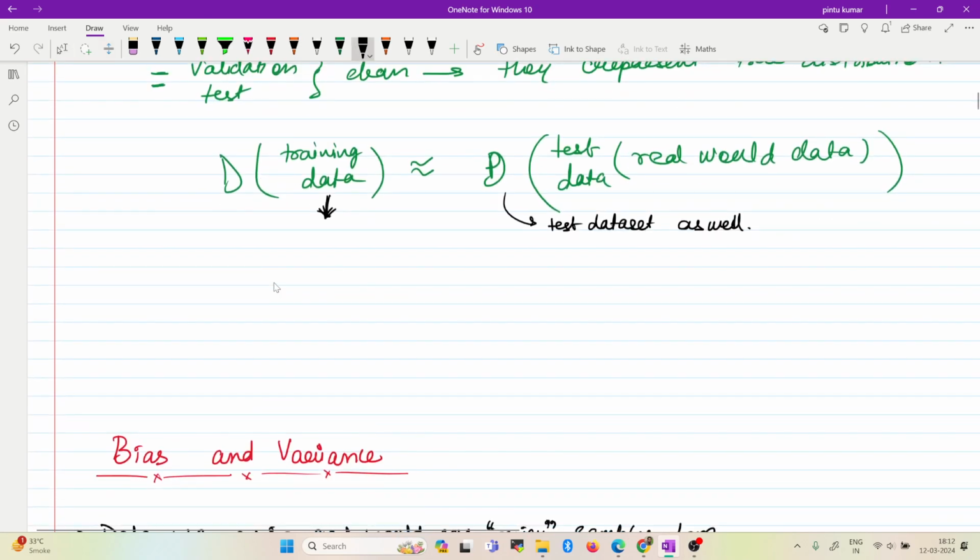Another thing is, let's say the data set that you collected, your training data set, is your true distribution, let's say. Like, you are sure that you didn't make a lot of errors, you have collected a very good quality data set.